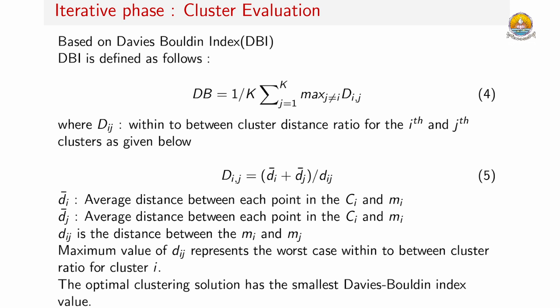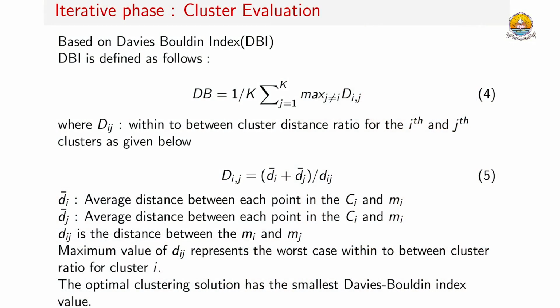This measure is given by 1 upon k, where k is the number of clusters, and for each cluster we try to maximize Dij. What is this Dij? It is the ratio of within-cluster to between-cluster distance for the ith and jth clusters, given by Di bar plus Dj bar divided by Dij. So what is Di bar?